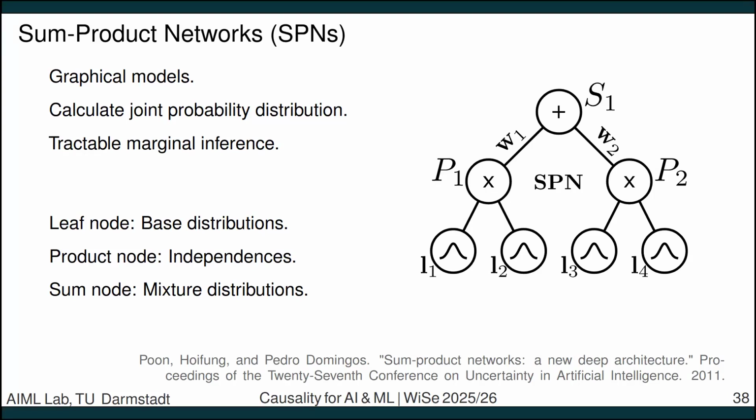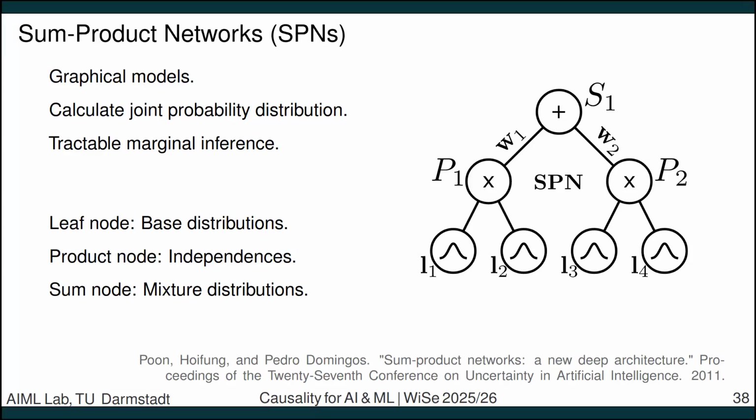And this tractability, or this marginal inference property, is in the number of edges that we have in the SPN.